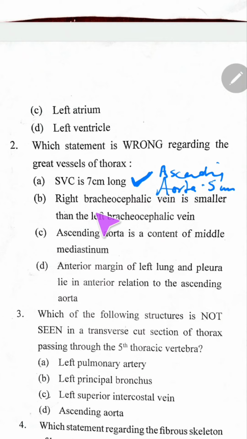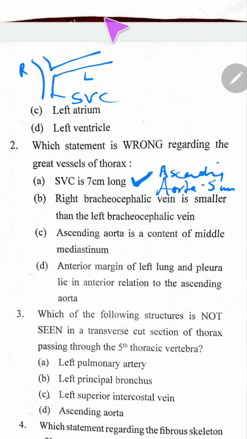Then, right brachiocephalic vein is smaller than the left brachiocephalic vein. Exactly correct. You have this SVC formed by the 2 brachiocephalic veins. This one is the right, this one is the left, and this one is SVC. Now I have got time, so I'm explaining it so you can remember it for a long time.